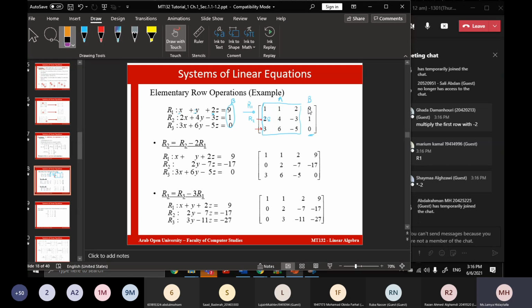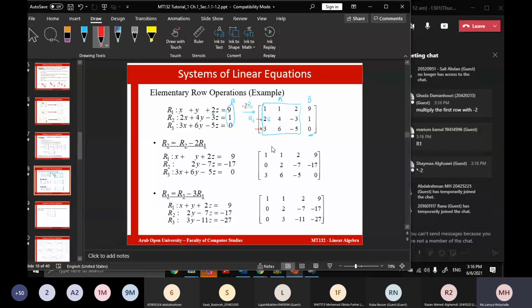So I will multiply R1 times -2, giving -2 R1. Putting in my mind the new numbers: 1 times -2 is -2, 1 times -2 is -2, and 2 times -2 is -4. These are the numbers that I'm going to add to this row.